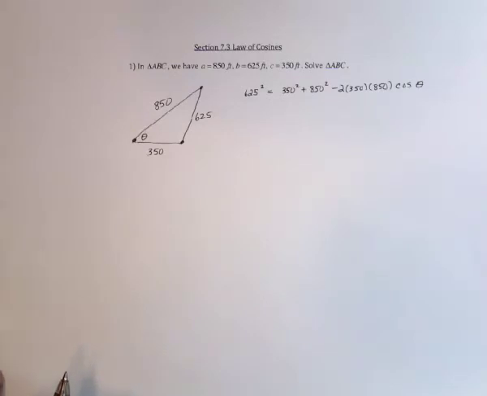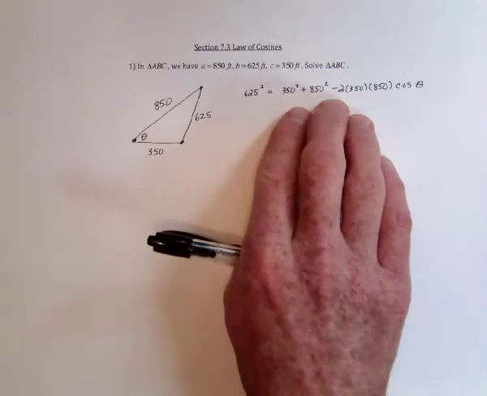And now we need to use cosine inverse to get rid of cosine and solve for the angle theta. But all of this other stuff is in the way first.